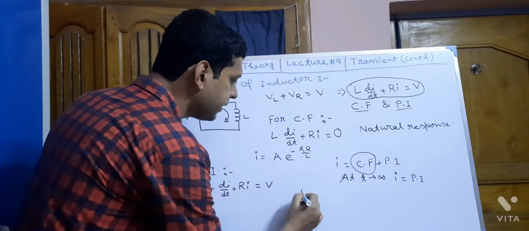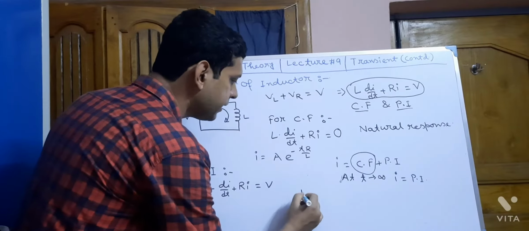Now this is nothing but one method of solving a differential equation. Let us solve that differential equation another way. The differential equation was L di/dt plus Ri equal to V. Let us take the Laplace transform method of solving the differential equation. Take the Laplace transform on both sides with initial condition I0 equal to 0.